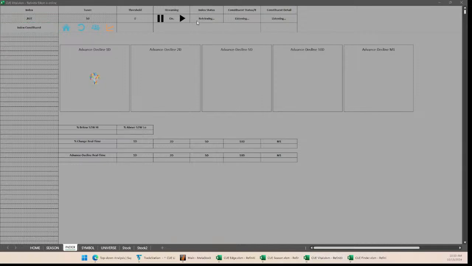I paused and replayed it. Let's see if Refinitiv can retrieve the data. And while it is trying that, let me show something I'm doing.